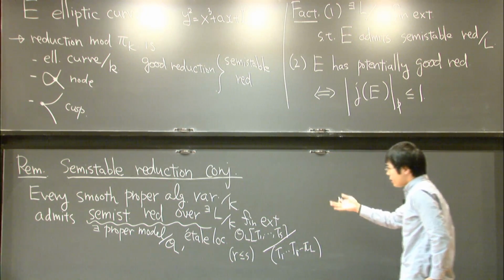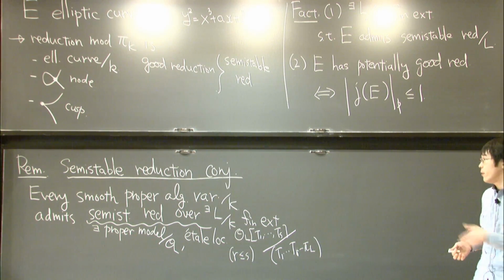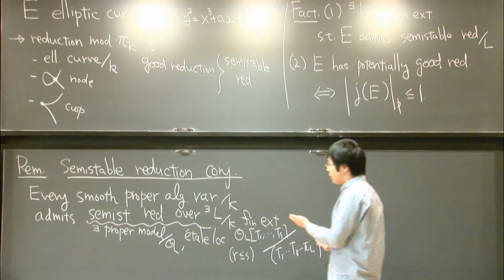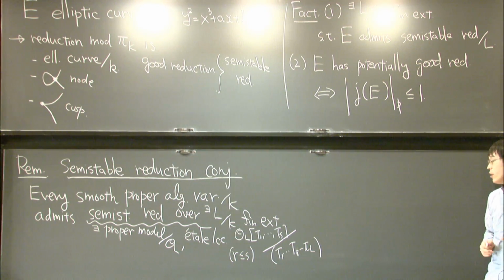So this is a big conjecture about degeneration of families of varieties over this ring of integers. It is known for curves and abelian varieties, but I think it's open in general.